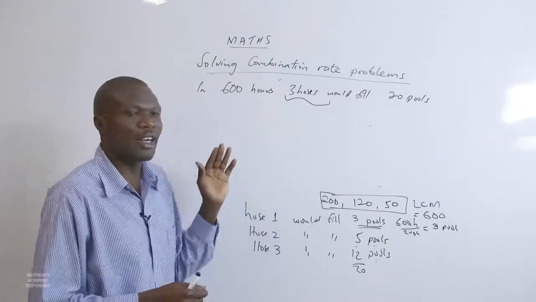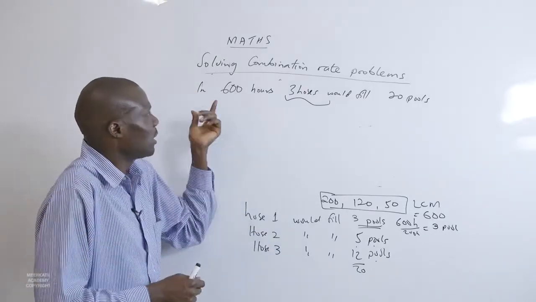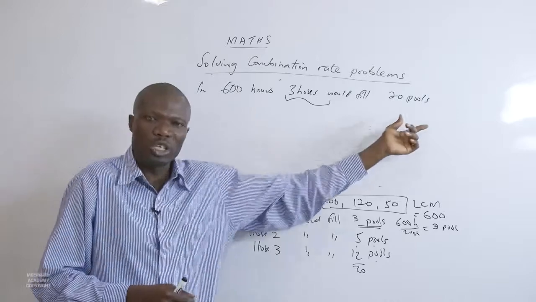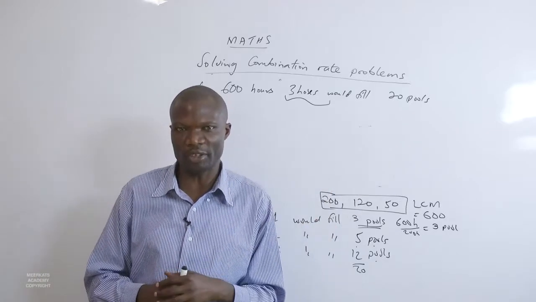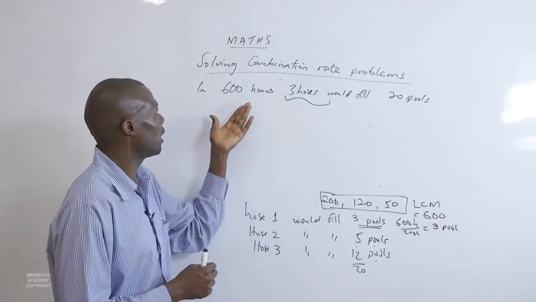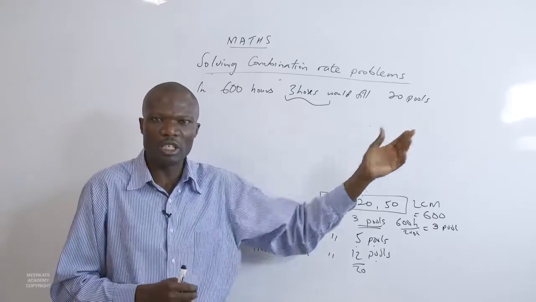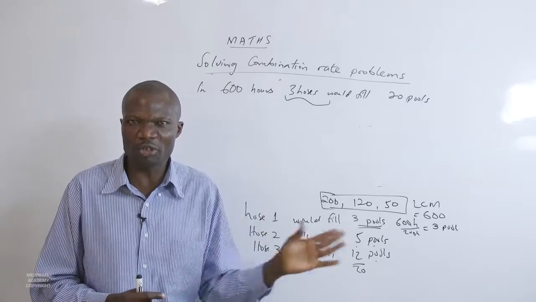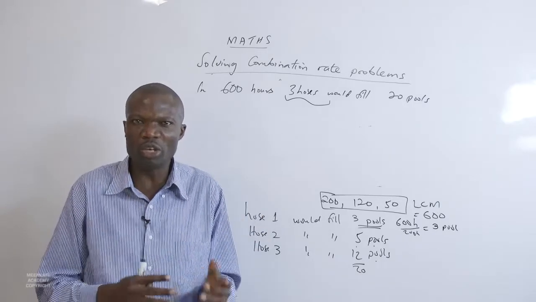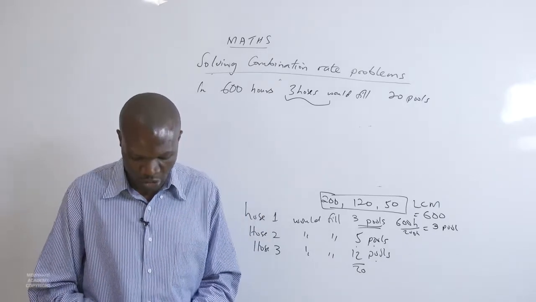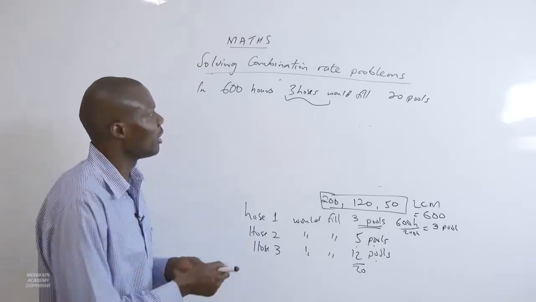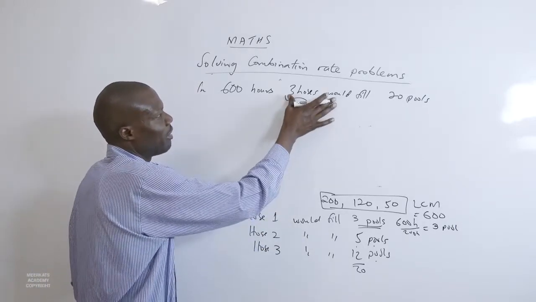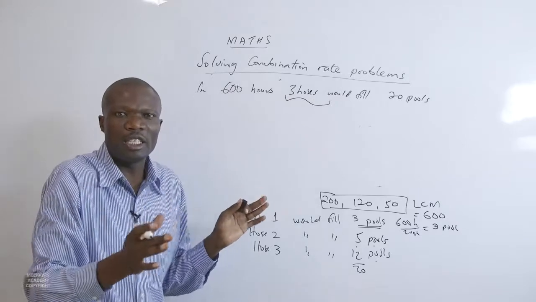Therefore, the filling rate is this: 600 hours, 20 pools. That is the filling rate we are looking for. 600 hours, 20 pools. So the question was, how long would it take to fill one pool. Only one pool is our rate. So for us to get one pool, the issue of horses is just the number.